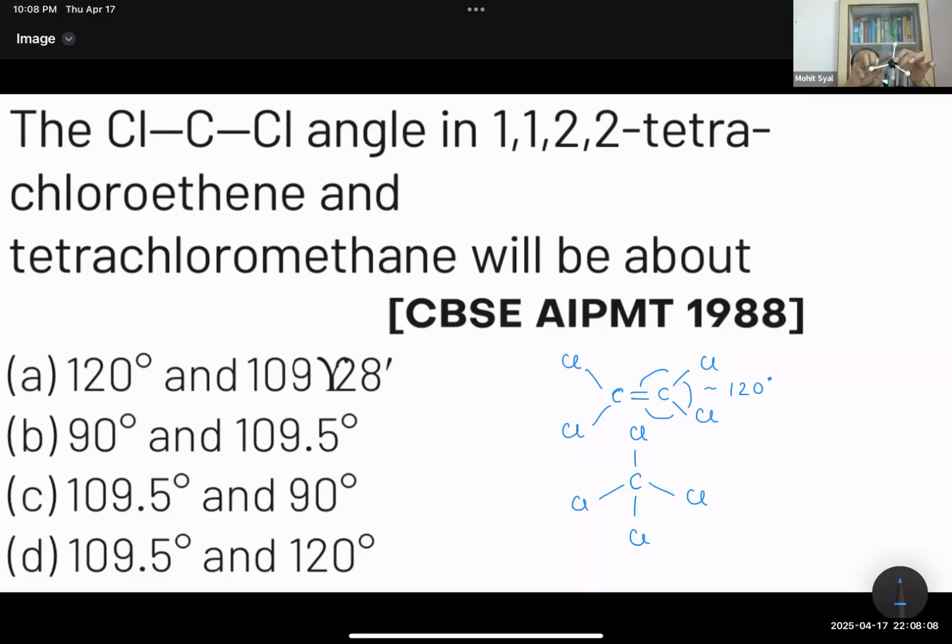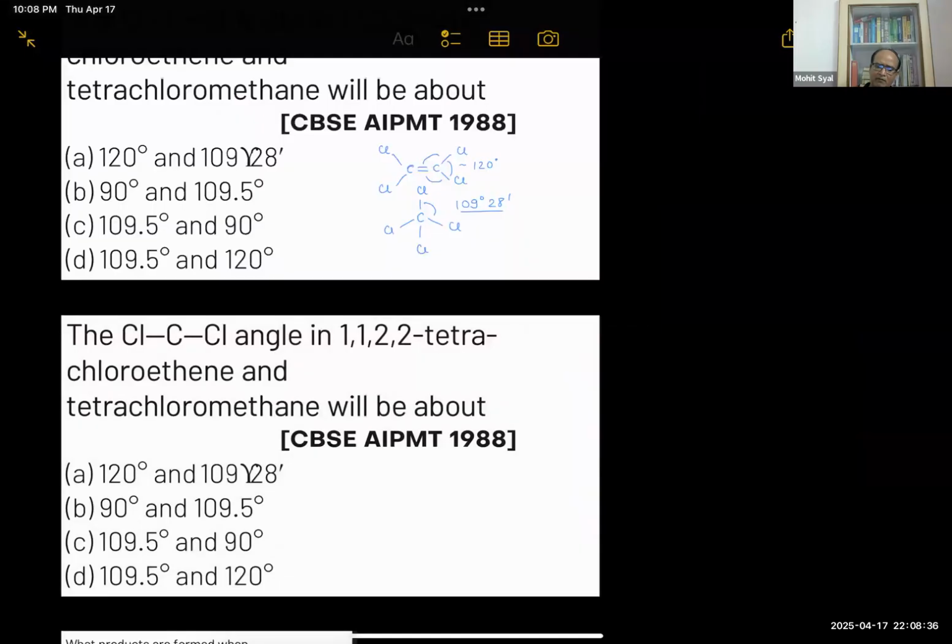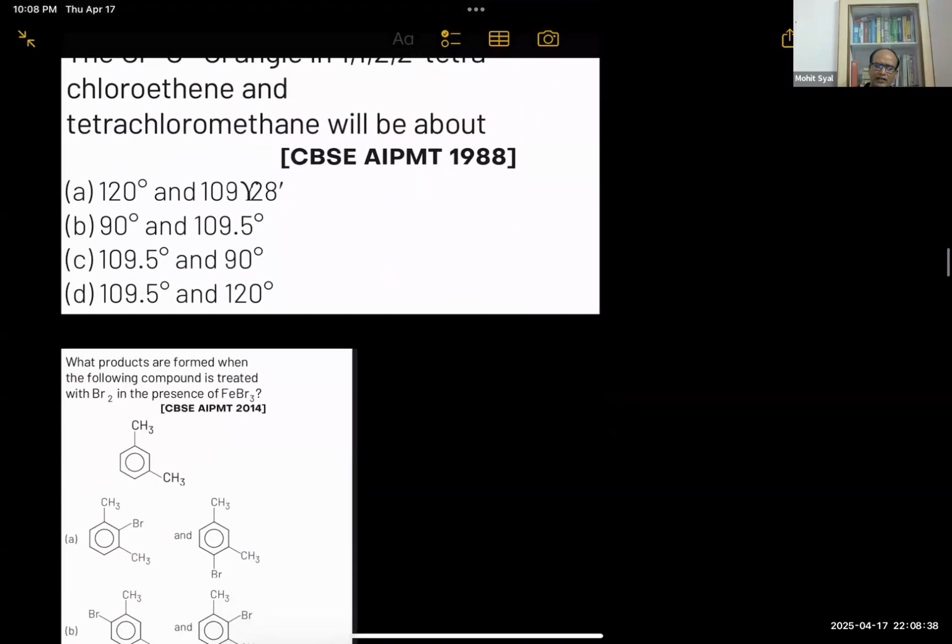So this bond angle is 109 degrees 28 minutes, or 109.5 degrees. That is the angle of methane. Is it clear or not? Yes, sir. And that was a planar double bond, the angle is 120.